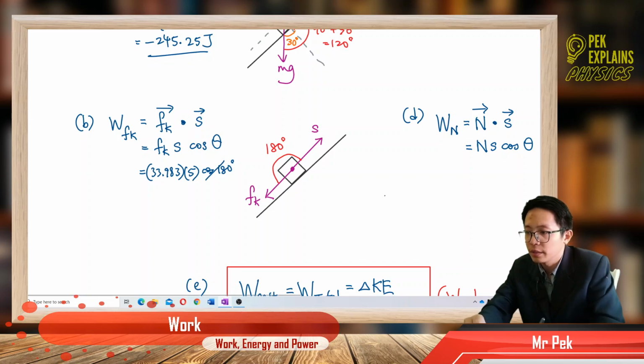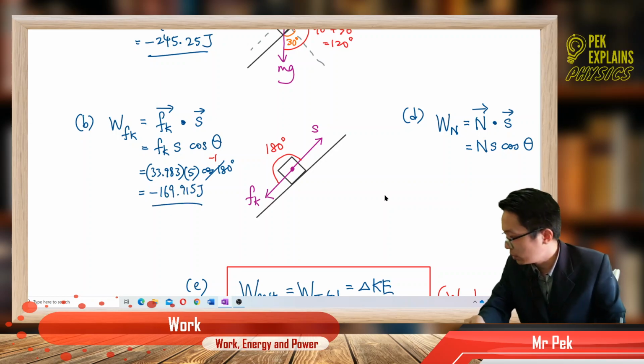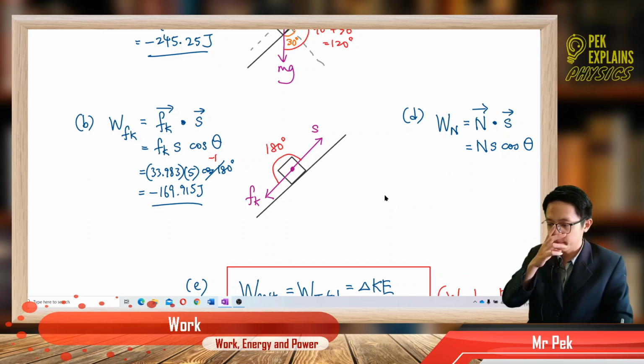Of course we know that cos 180 is equal to -1, so we got negative 169.915 joule. That's our work done due to friction.